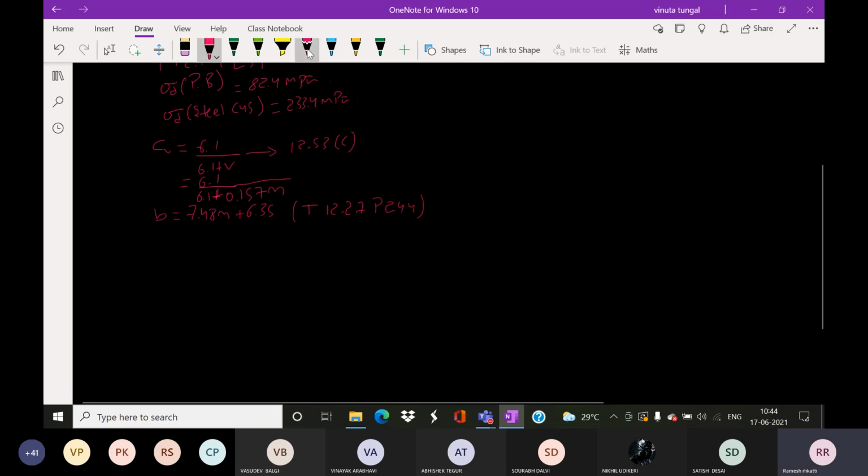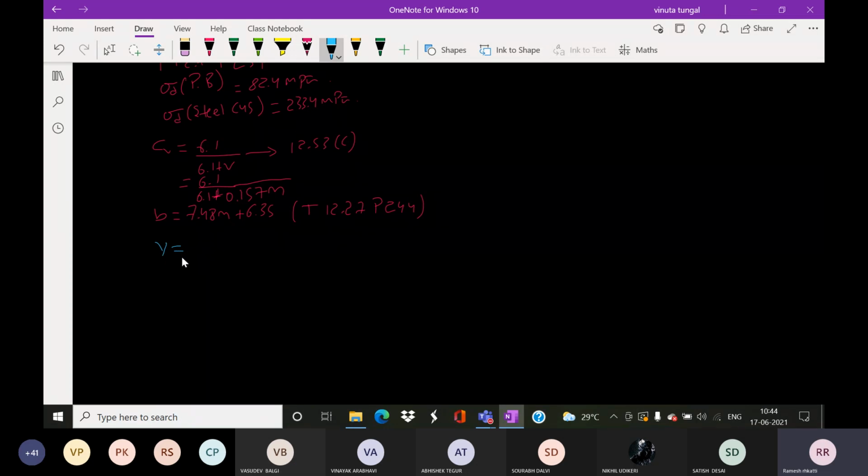In the next step, after finding the face width B, next to substitute that in the equation, you should know the capital Y. You have followed the same procedure, correct? In the previous problem, all the values you calculated: the CV, B as well as Y. Y is the Lewis form factor.